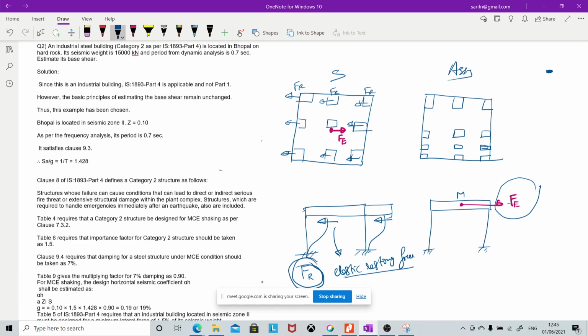If the arrangement of columns is also symmetric, where will the centroid of all these, where will be the resultant of all these forces acting? Anybody? Are you getting my question?